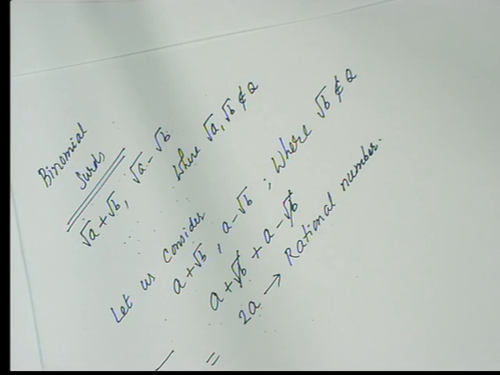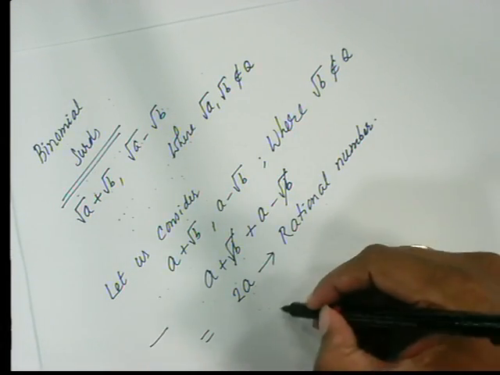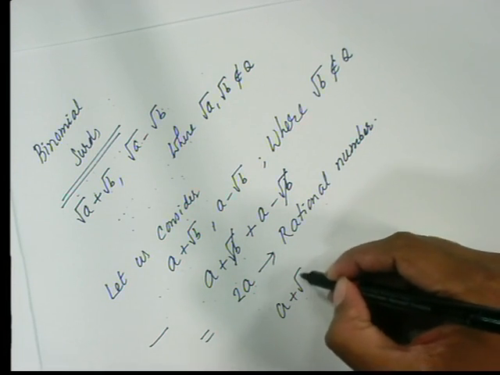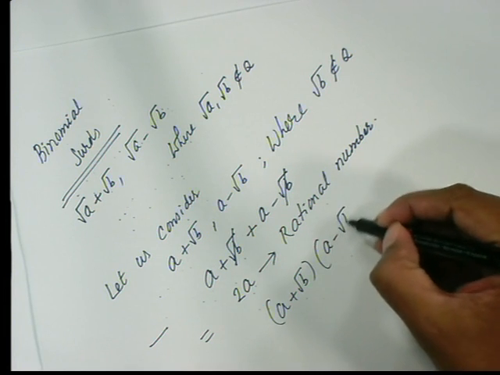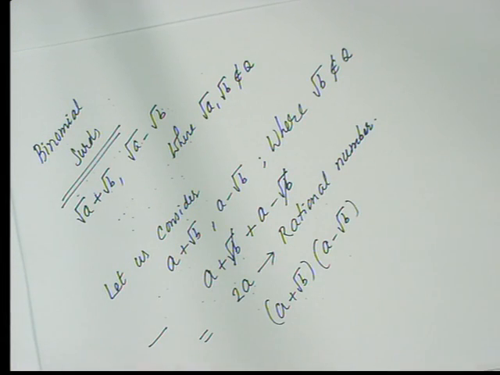So let us examine the product of these two also. A plus root b multiplied with a minus root b. You might have got an idea how to multiply these two.